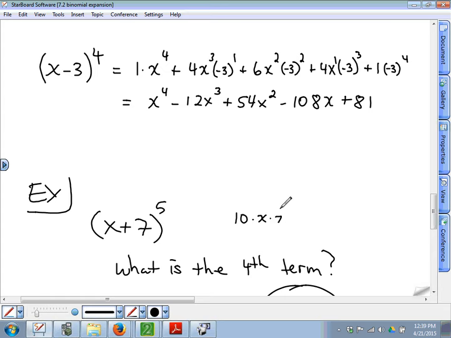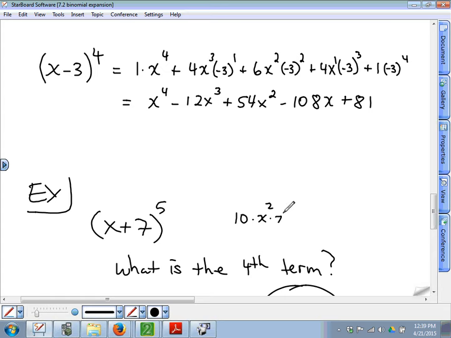We just need to figure out what those powers are going to be. So think about this. The first term, x is going to be raised to the 5th power, correct? What about the second term? 4th power. The third term would be the 3rd power. The 4th term would be the 2nd power. So we know x is going to be raised to the 2nd power.